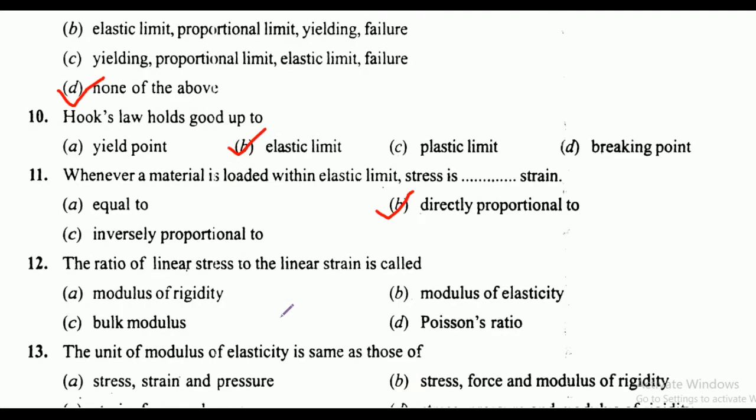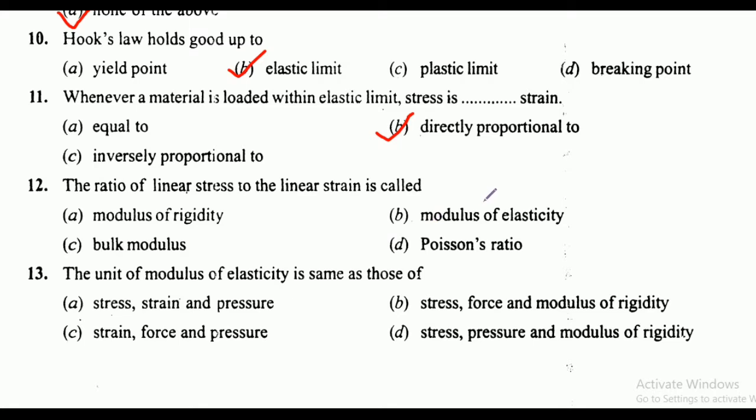Okay, now next is question 12. Here the ratio of linear stress to the linear strain is called. Here friends, these are the options and here correct answer is option B, that is modulus of elasticity. Next is the unit of modulus of elasticity is the same as those of.